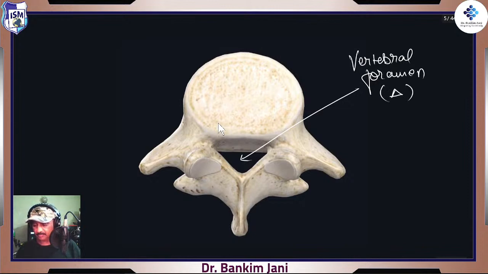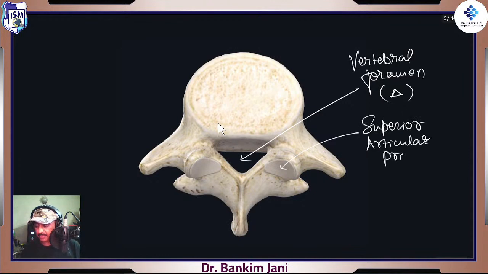Not rocket science. So what is this? This is the superior articular process. Now you are comfortable with the superior articular process. The interesting thing is that they will be changing their direction, like this.